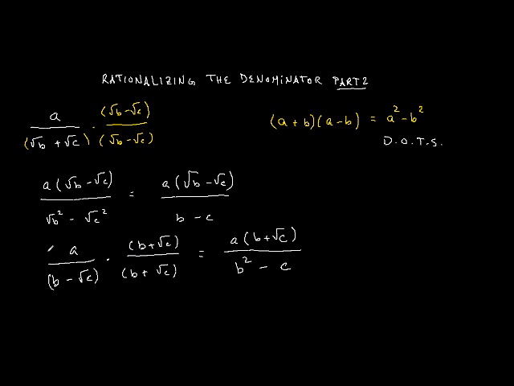And so we started off with a divided by b minus square root of c, and we ended up with a times, in brackets, b plus square root of c divided by b squared minus c, and now there's no more square roots in the denominator. So we've rationalized the denominator, even if there's just one square root in the denominator out of the two terms.